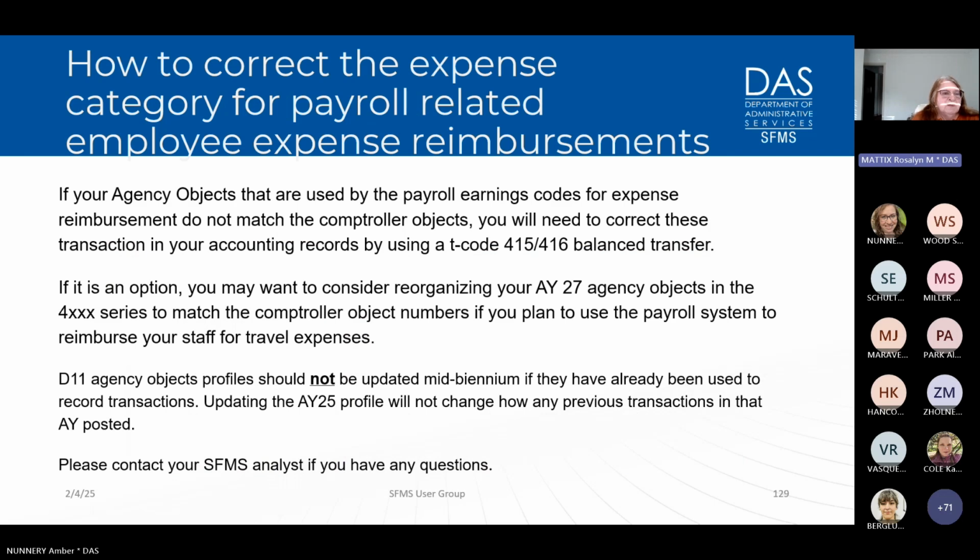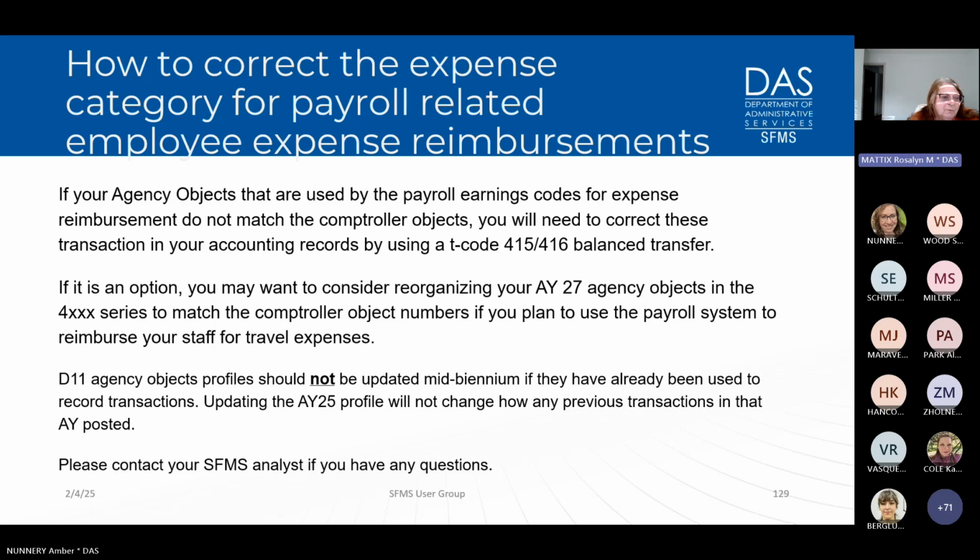If your agency objects that are used by the payroll earnings codes for expense reimbursement do not match the comptroller objects, you'll need to correct those transactions in your accounting records by using T code 415-416 balance transfer. If it is an option, you may want to consider reorganizing your AY27 agency objects in the 4000 series to match the comptroller objects if you plan to use the payroll system to reimburse your staff for travel expenses.